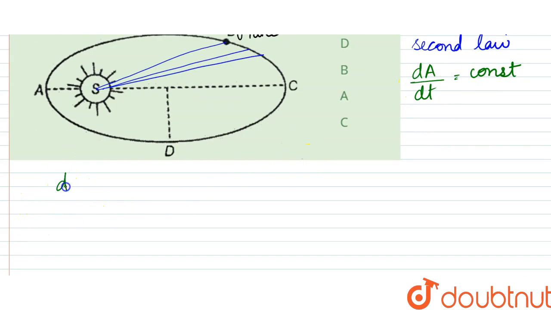So from here, what we can say is dA. Let's say this would be dA and it is extending angle d theta. This is dA, the area swept. So that would be equal to r d theta. The distance, so what would be the distance?